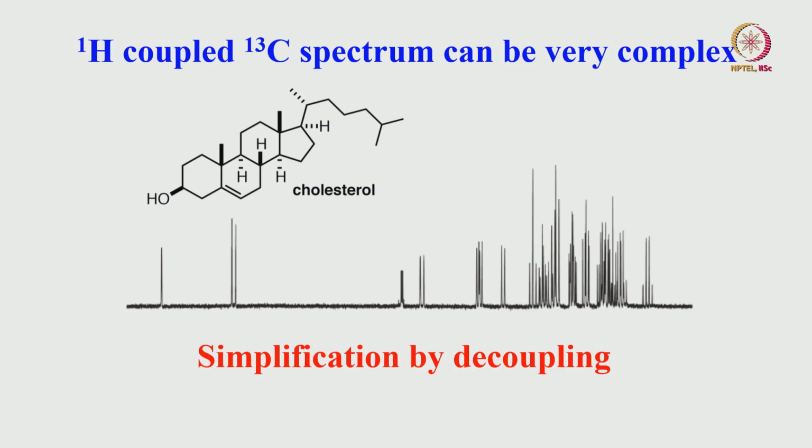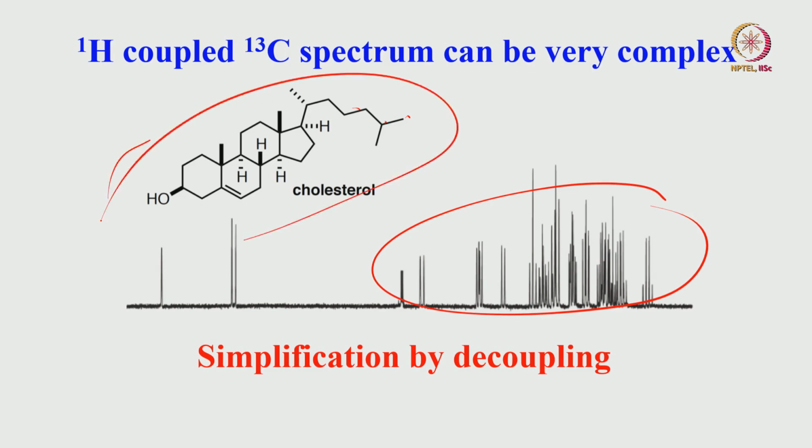So, a real complex spectrum we will see. Look at the spectrum. It is a very, very complex spectrum of cholesterol. How many carbons are present in that? You can count yourself: 1, 2, 3, 4, so many carbons are present. Now we know how you got this spectrum. I already explained to you. This is a superposition of spectra from several isotopomers. Each time 1 carbon is in the carbon 13 state.